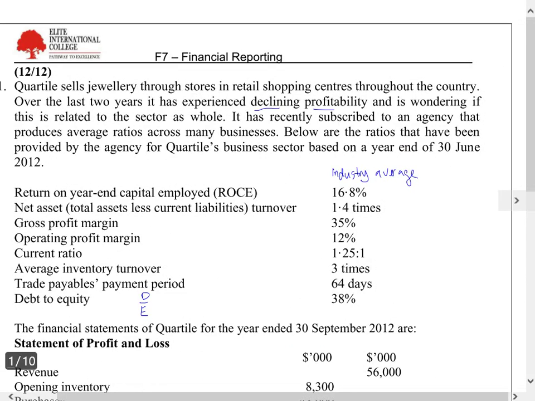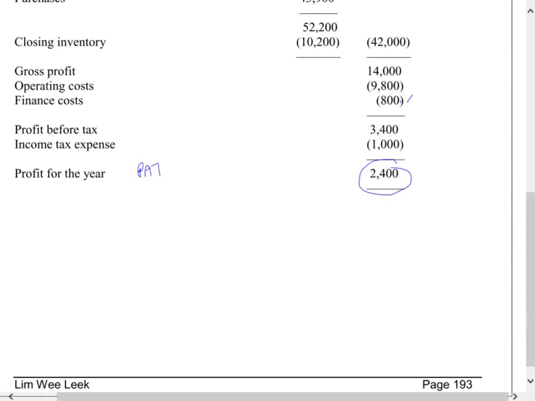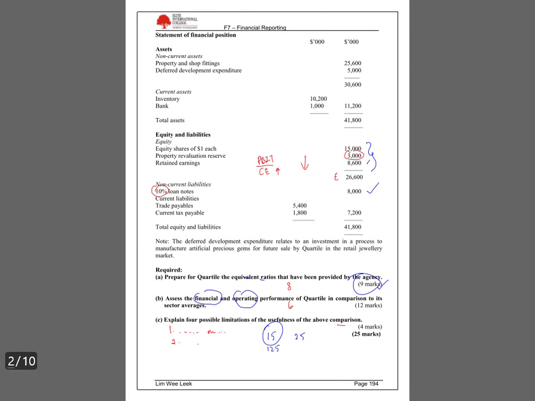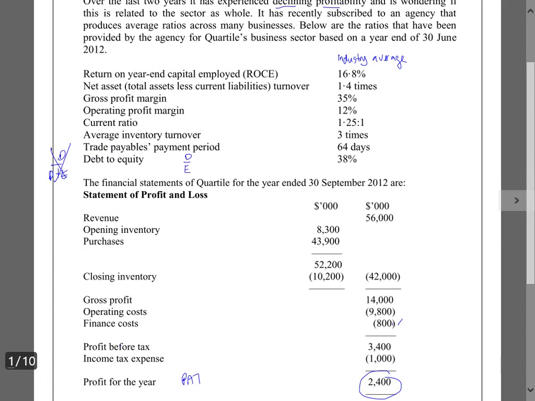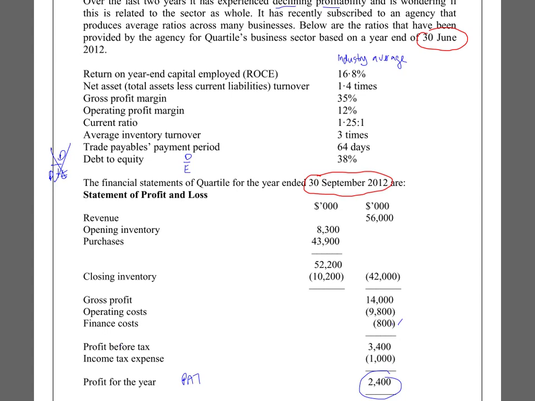Our year end is September. Where is it stated? Yeah, here. 30th September. However, the sector average is 30th June. You probably missed this one. Doesn't matter. In the exam, if you fail to notice anything, you fail to answer, couldn't understand, I tell you, very normal.